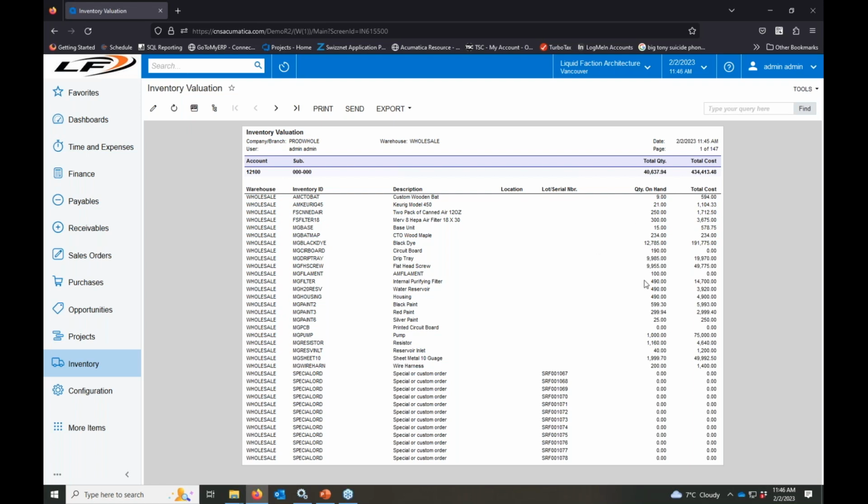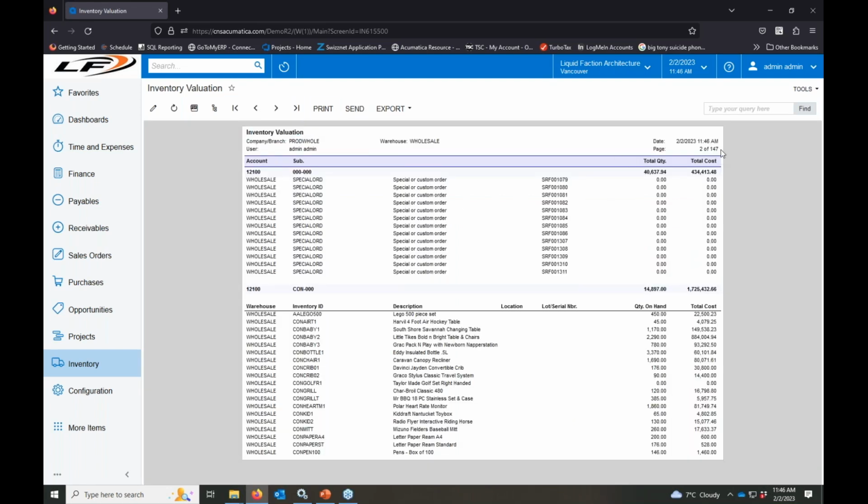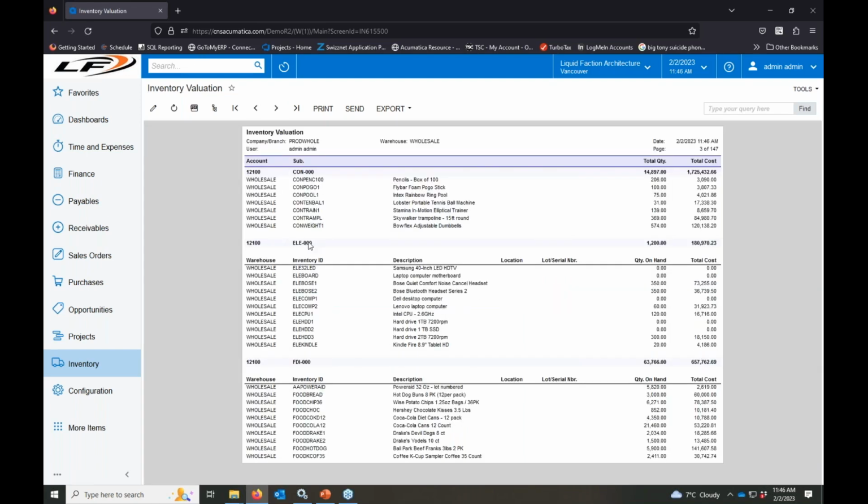And we've got our items, our quantities. We have serial numbers for those items that are serialized. And then we have costs. It's a big report, 147 pages, but on this next page we have 12100-CON-000. We probably have a couple of different sub-accounts here. ELE-000, that's where we find our Dell and Lenovo laptop computers.